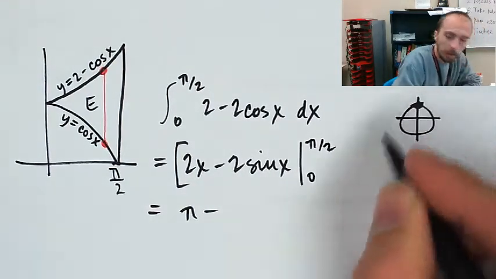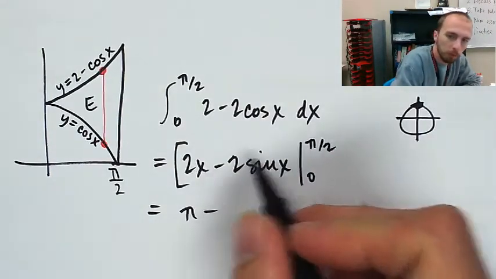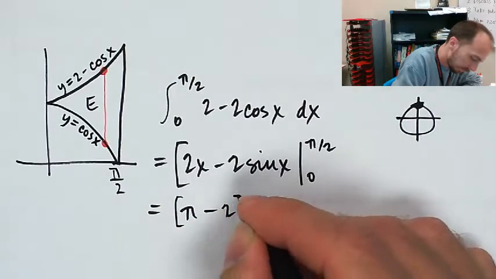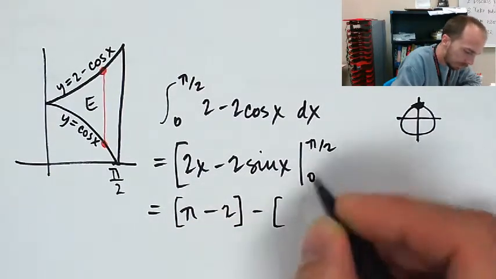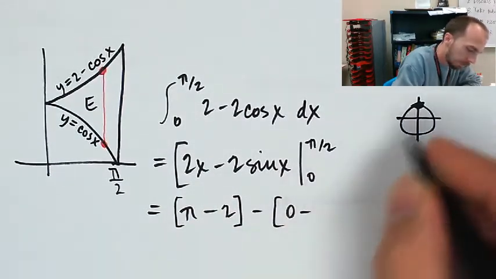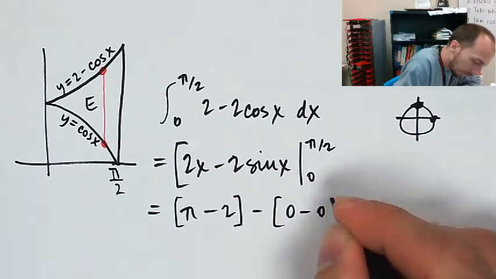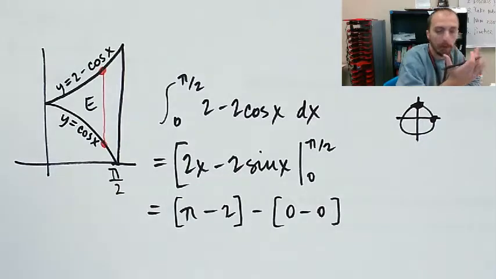The y coordinate up there is going to be 1, so 2 times 1 is 2. And then when I plug in 0, I get 2 times 0 minus 2 times the sine of 0. The sine of 0 is going to be 0. And I get pi minus 2.